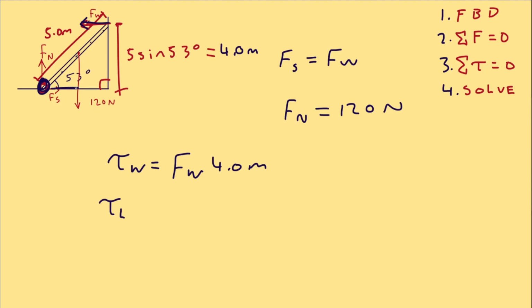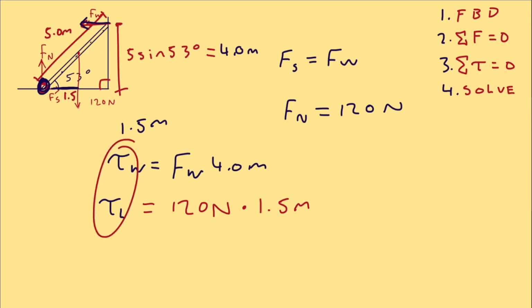And this here is the adjacent. Cosine of 53 is adjacent over hypotenuse. If we multiply both sides by the hypotenuse, we get this. Adjacent is isolated. Adjacent is equal to 1.5 meters. So this small distance here is 1.5 meters. That's the lever arm for our weight. So 120 newtons times 1.5 meters, giving the torque for our weight.